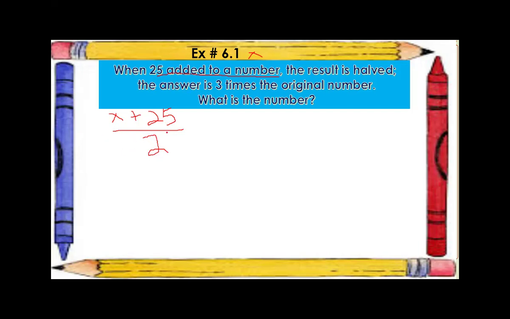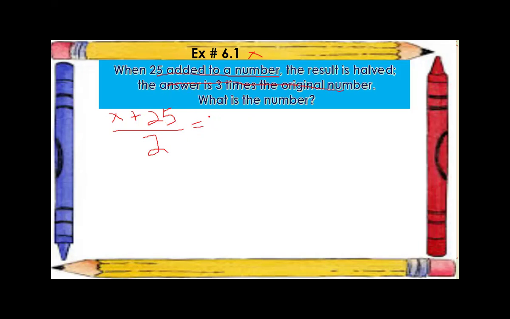What is the meaning of half? The addition of these two numbers gives you the result half, which means we can divide that number by 2. It gives you the half of its result, right? The answer is 3 times the original number.